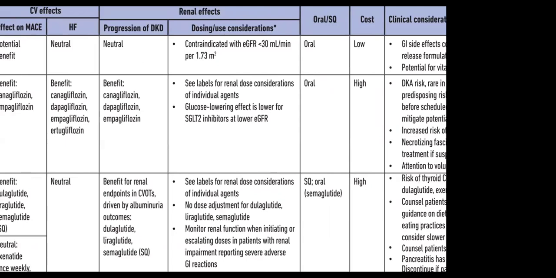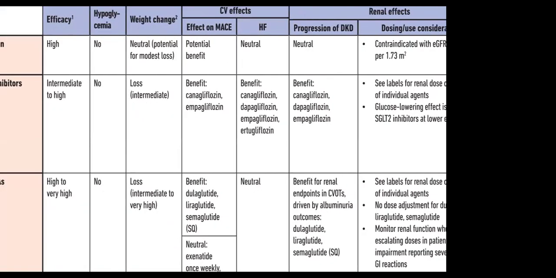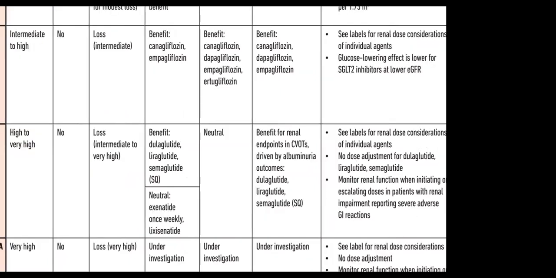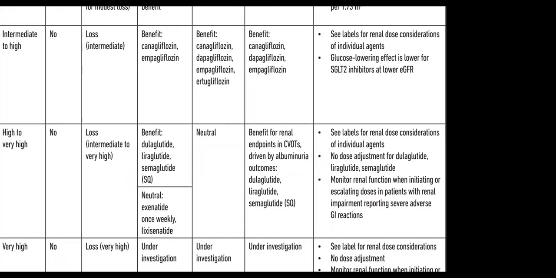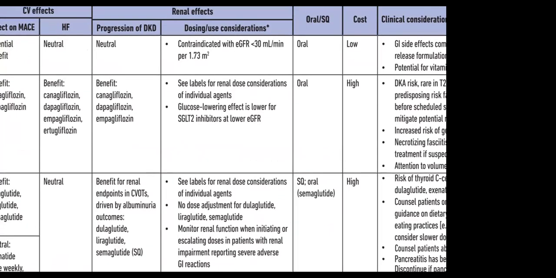So the other one is the glucagon-like peptide 1 receptor agonists. These have cardiovascular benefit and also benefit in terms of slowing down the progression of diabetic kidney disease.